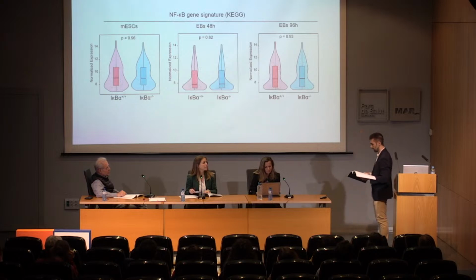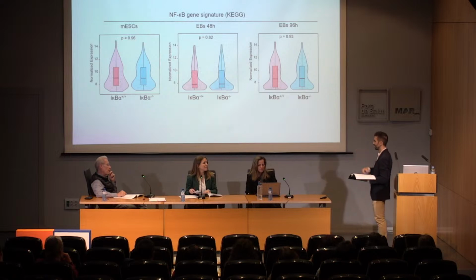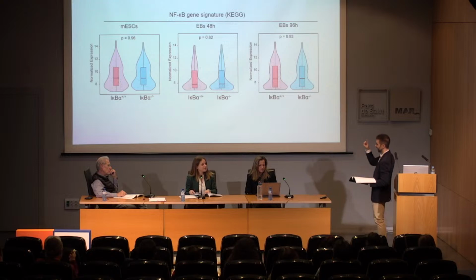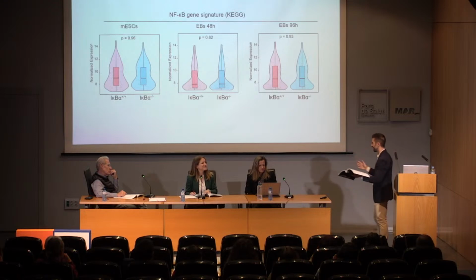So maybe this is a signal that the pluripotency network is controlling IκBα expression, which also makes sense when you look at NF-κB, because since it's an inhibitor and you need NF-κB inhibited, if you are controlling it by pluripotency, you are indirectly inhibiting NF-κB signaling through IκBα.